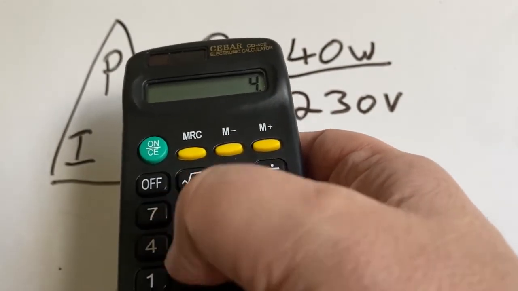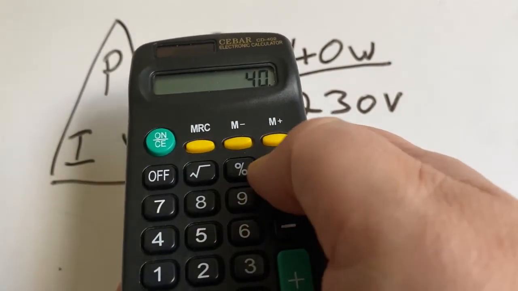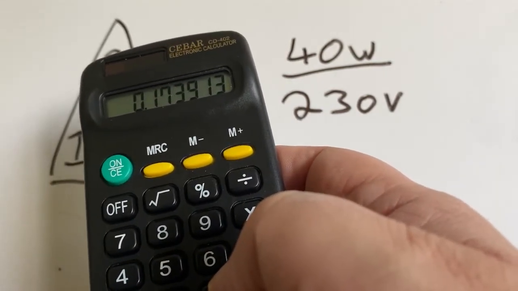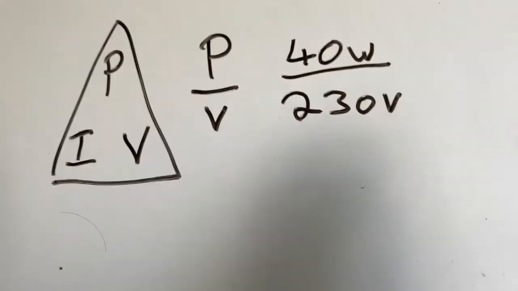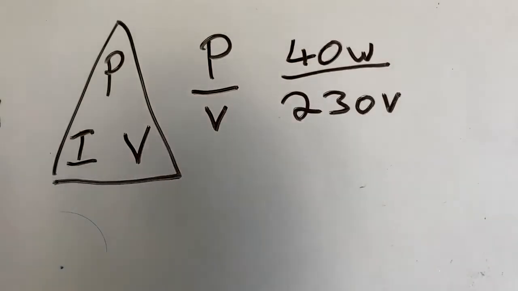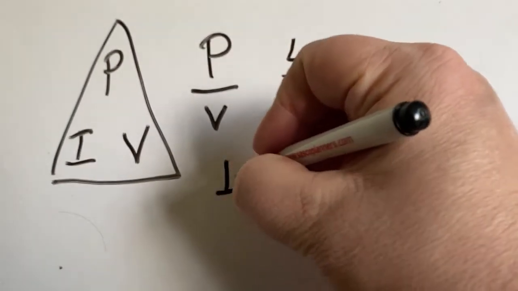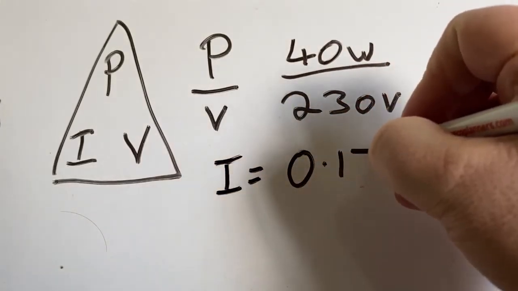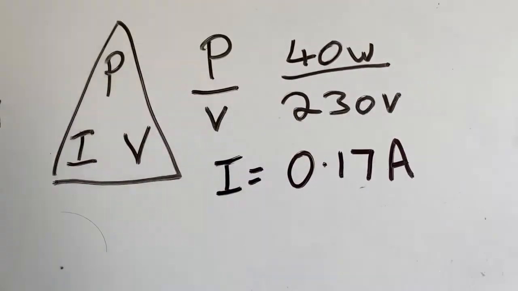And we calculate 40 watts divided by 230 volts. That gives us the answer of 0.17 amps. So there we go, the current 0.17 amps.